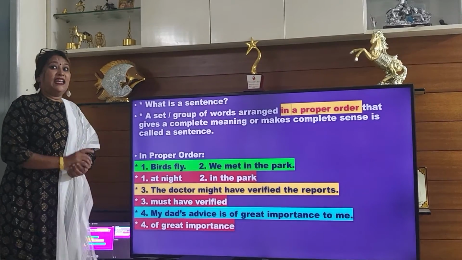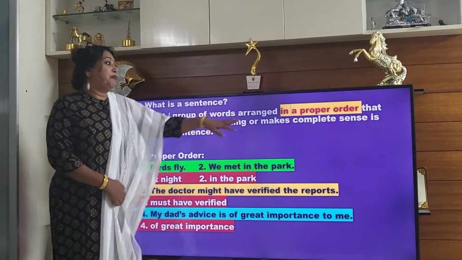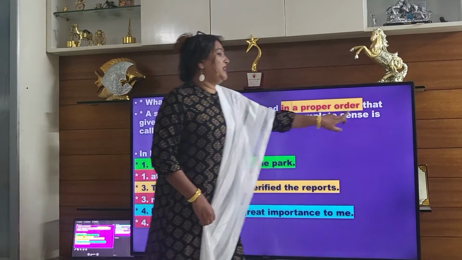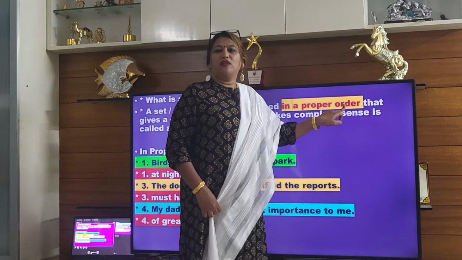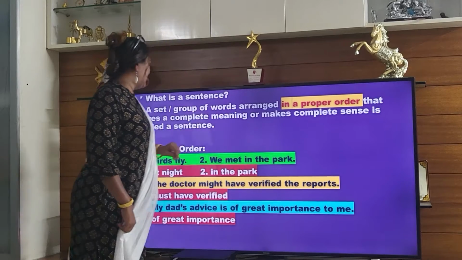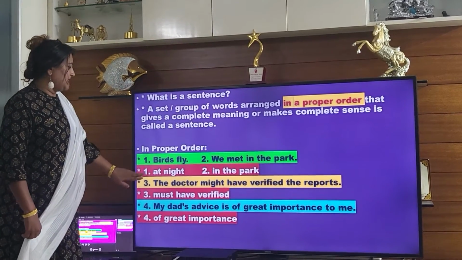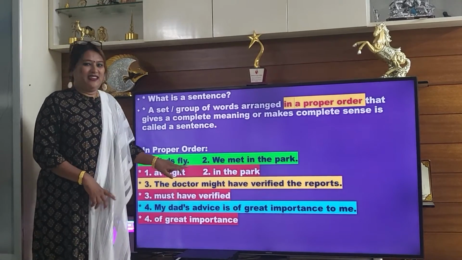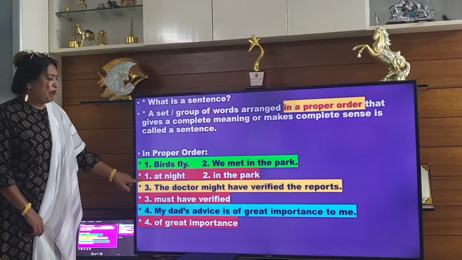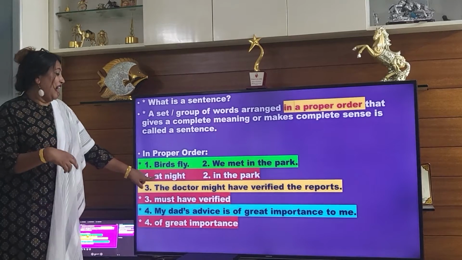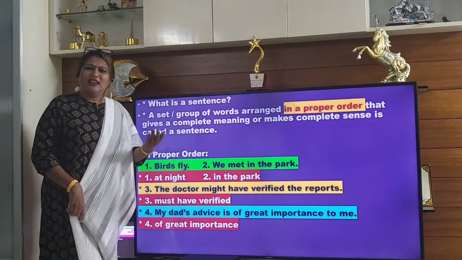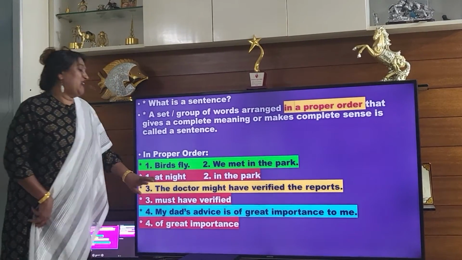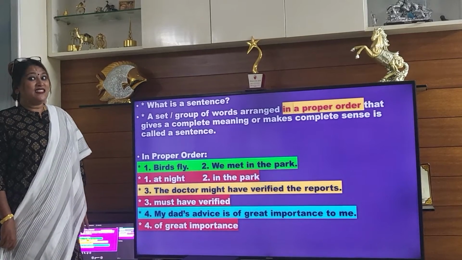Now I'll give you the importance of arranging words in a proper order. I'll give you an example. Here, how many words are there? Two. Birds fly. And here, how many words are there? Two words. At night. If Birds fly is a sentence, then why is At night not a sentence?